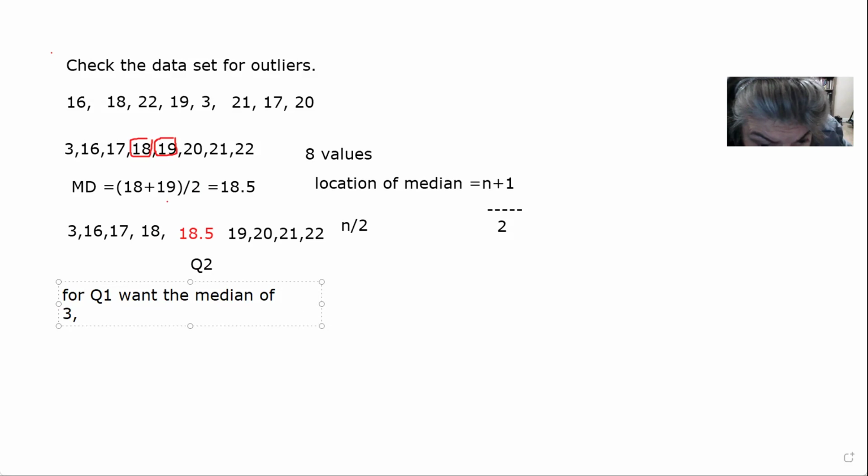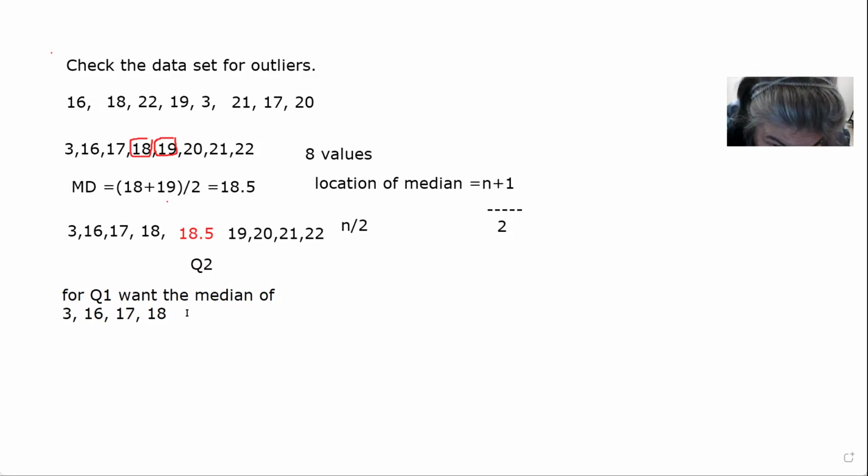3, 16, 17, 18. And as you can see from there, again, we're going to have two middle numbers, right?